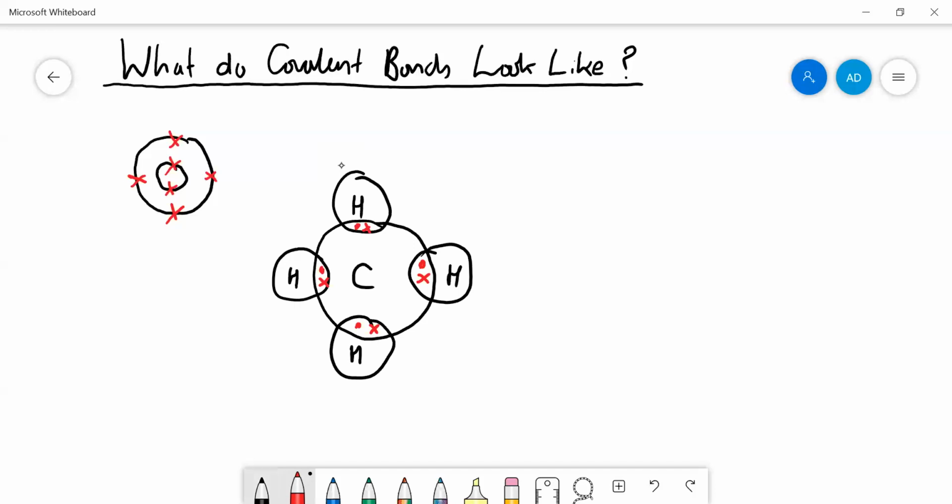Right, so let's think about the simplest covalent molecule that we can possibly have, which is hydrogen. Okay, the H2 molecule. We've got a pair of electrons in there. Now the new idea of electrons is we don't think of them as little point charges orbiting. We think of them as a negatively charged cloud.